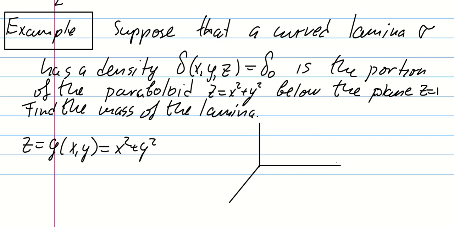So paraboloid looks like this. It starts at 0, 0, and in every direction we have a parabola.